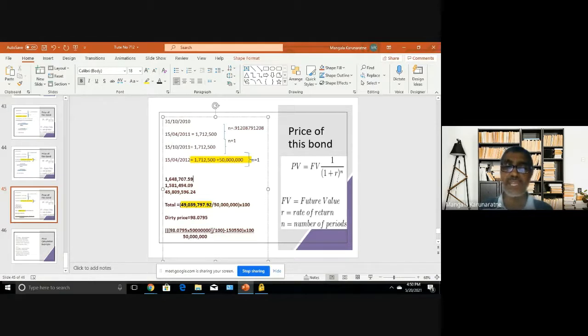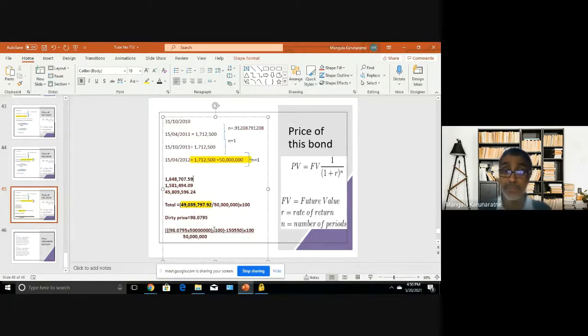But since here we have multiplied it by 100, we are dividing it by 100, then only you get the purchase consideration. Otherwise it will not be for 50 million, it will be 500 million, 5 billion you will be getting, right?